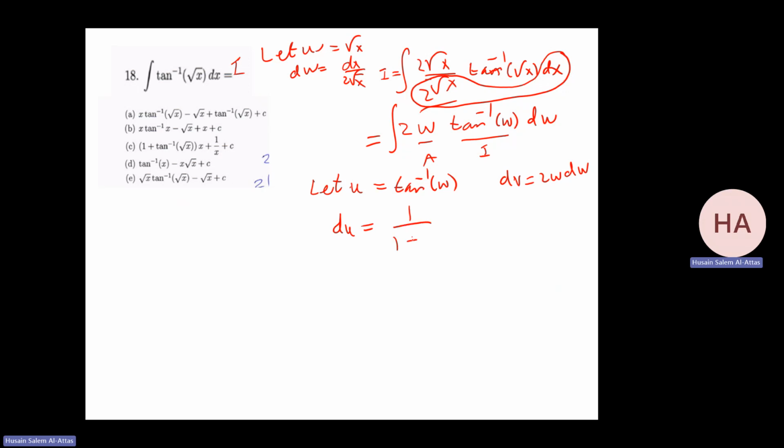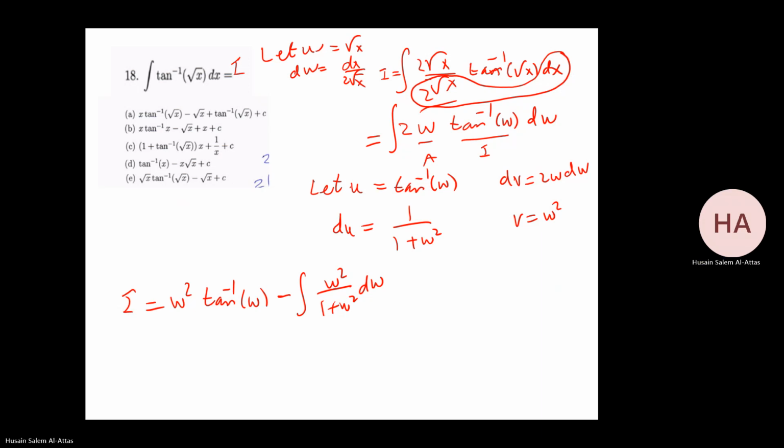It's 1 over 1 plus w squared, and v is w squared. That's it. Okay, so I will be uv, that will be w squared tan inverse w minus integral w squared over 1 plus w squared dw.